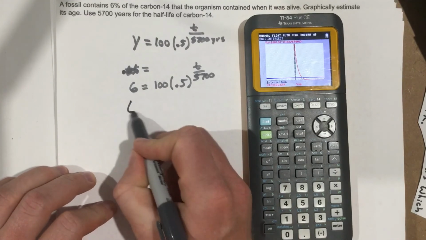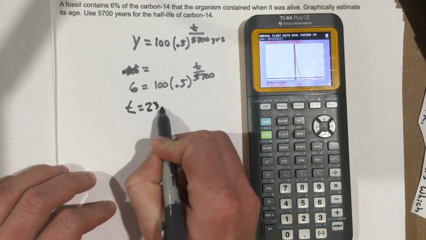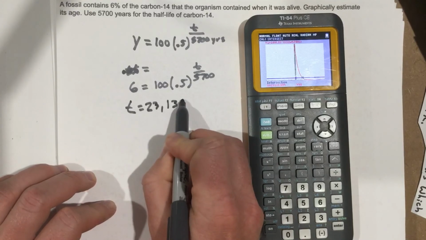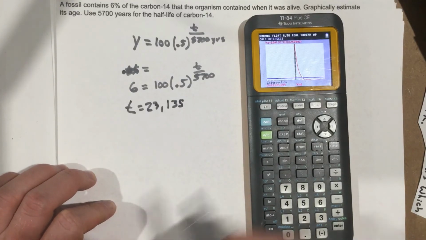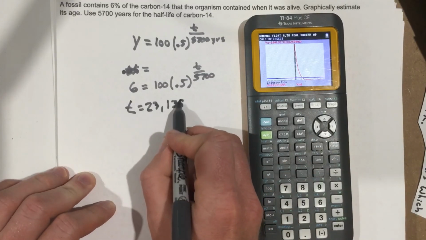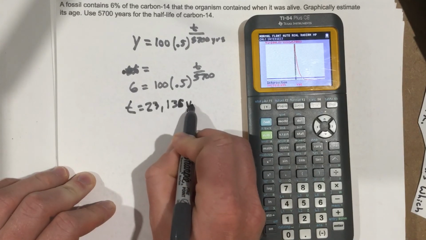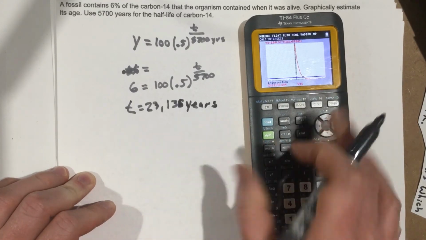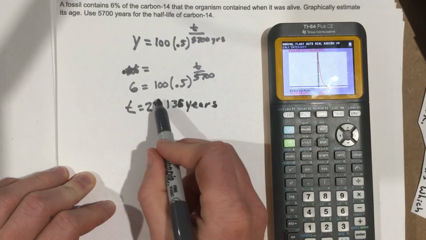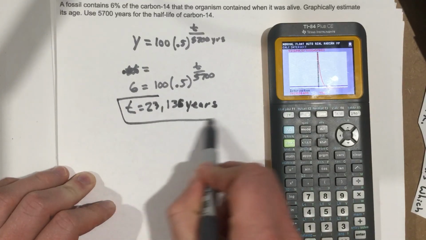So the time is going to be 23,135, and actually we might round up 36 years later. So that's how old that fossil is. That's a pretty old fossil.